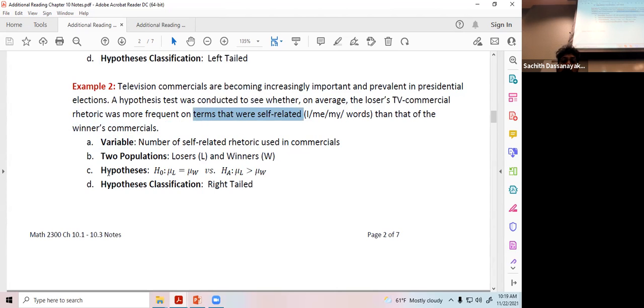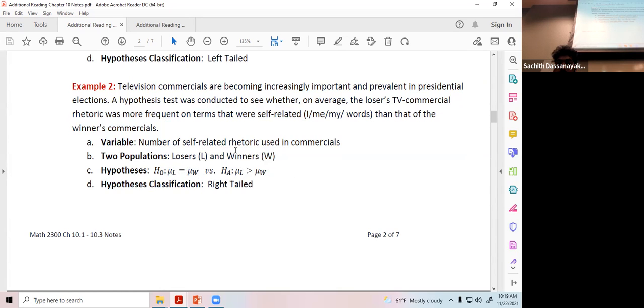So the hypothesis test is based on H0 and HA. Mu L is the mean of the losers, and mu W is the mean of the winners.